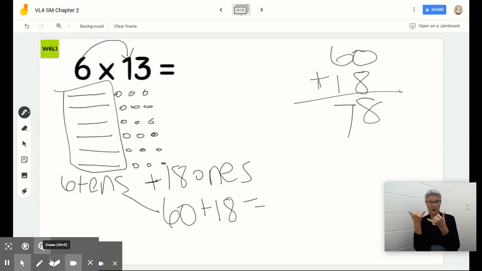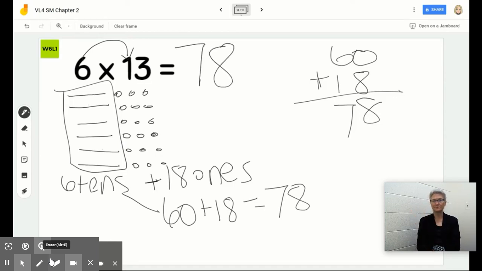So now we know that 60 plus 18 is 78. So that means that 6 times 13 equals 78. Really what I just did was I used base 10 blocks, but I also did a distributive model. I broke this problem apart in order to find partial products and then moved on.